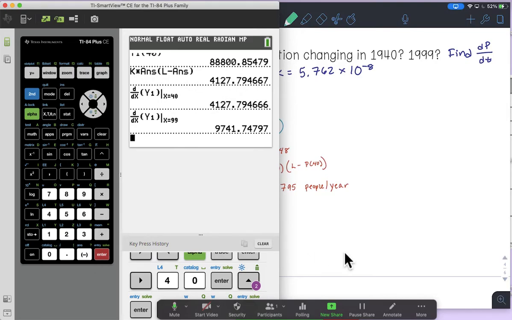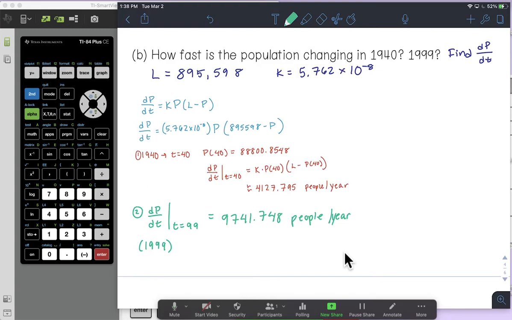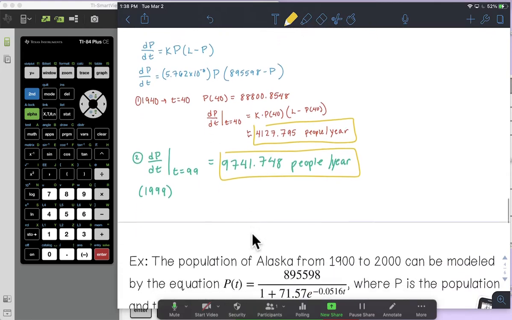So we are now increasing at 9,741.748 people per year. Those would be our answers. The numeric derivative way is probably a lot easier, especially because you'd have to have a calculator to do this anyway.